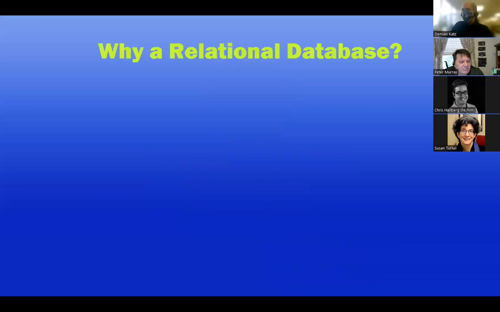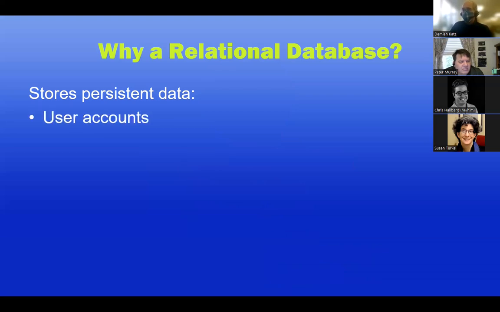So first of all, why does VuFind use a relational database at all? We're primarily interested in searching Solr or using external APIs. So why a database? Well, because even though VuFind relies on lots of external data, it does need to keep track of some persistent things internally, primarily user accounts.